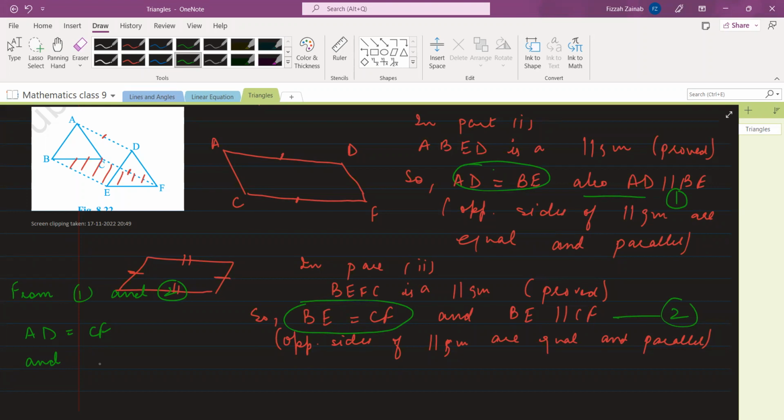So we can say that AD is also parallel to CF, isn't it? Yes, ma'am. And this we were supposed to prove.